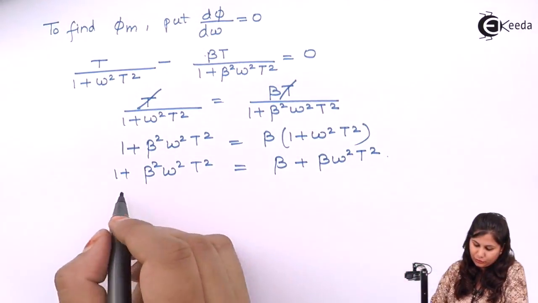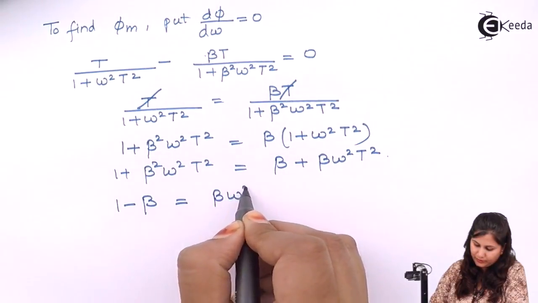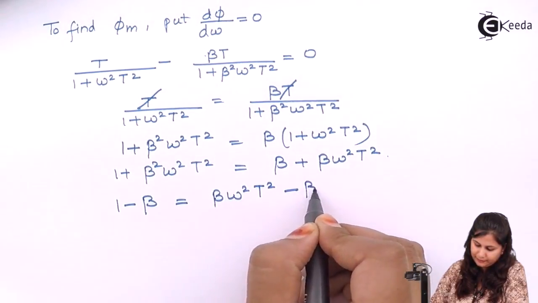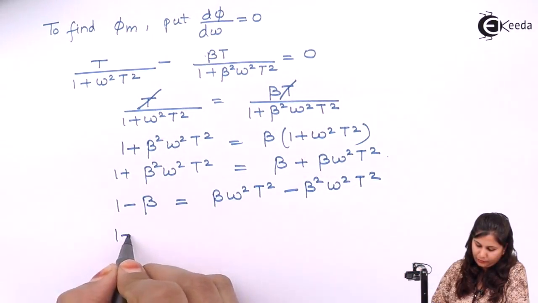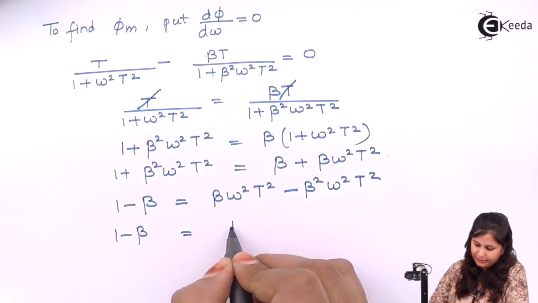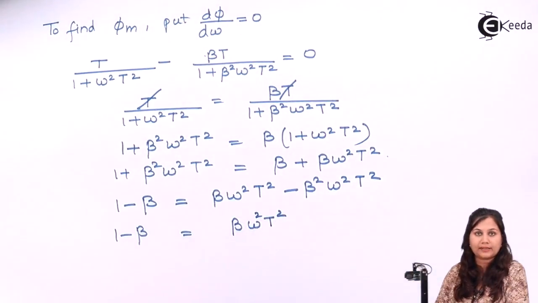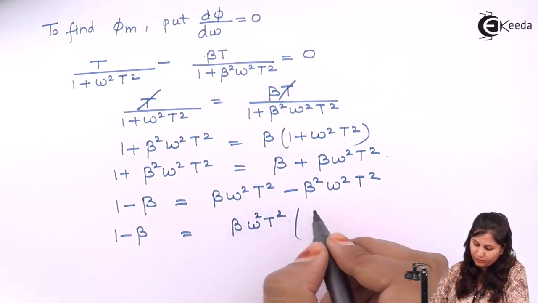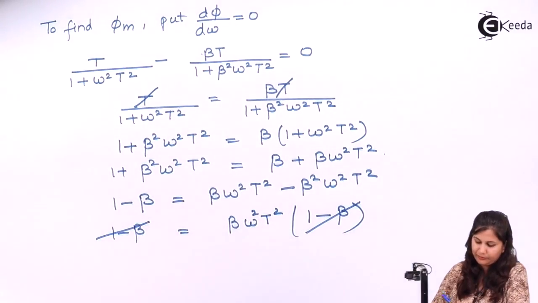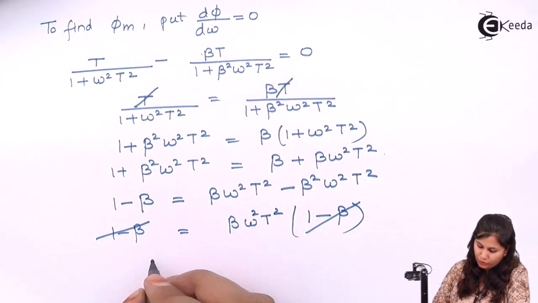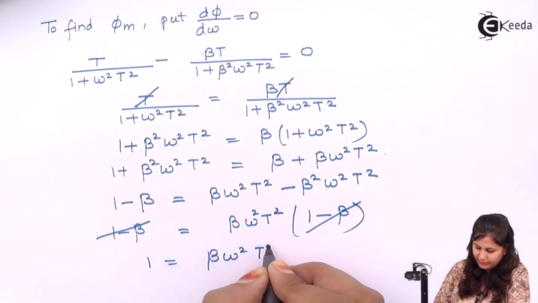Then bring this to this side, 1 minus beta, we will have beta omega square t square minus ... 1 minus beta, here take beta omega square t square as common. So we are left with 1 minus beta, they are cancelled out. So 1 equals to beta omega square t square.